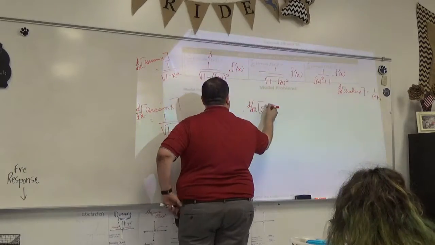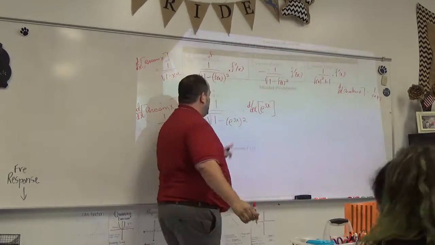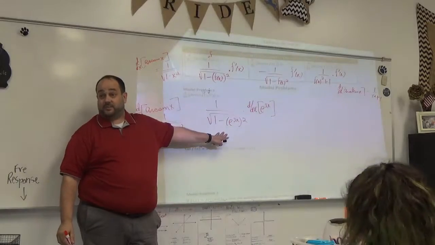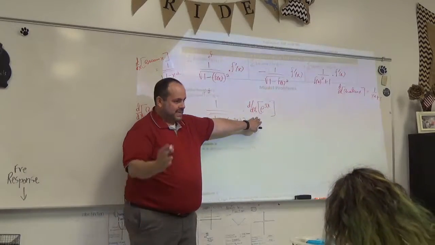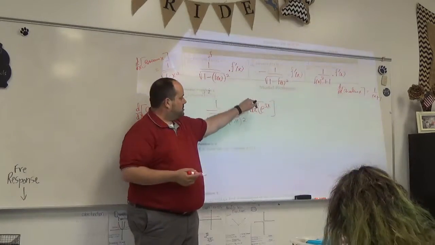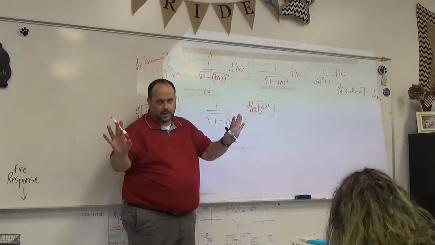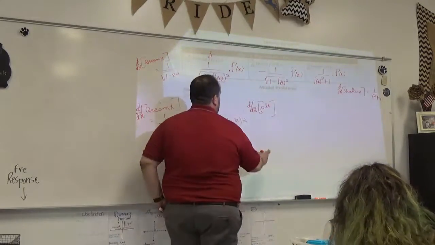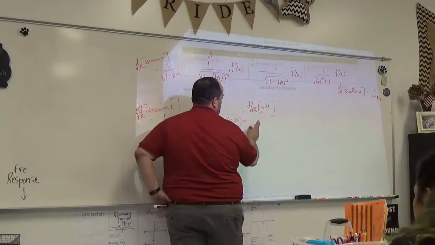Depending on your comfort, you might say, I'm just happy right now that I got the form, and I'm going to come back and take care of this on my next pass. Just use that e to the 3x notation to remind yourself. Now I just have to figure out what's the derivative of e to the 3x.